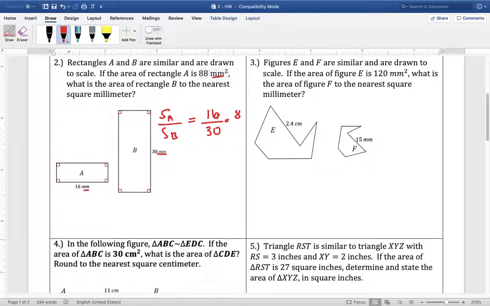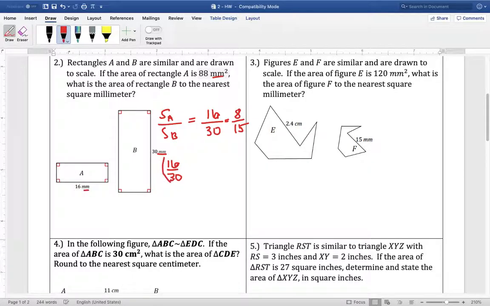So whether we want to use 8 over 15 or 16 over 30, it won't matter because it's just the same value reduced down. So what we learned was if we take the ratio of the two sides of these rectangles, I'll just do the 16 over 30, but you can definitely use 8/15.